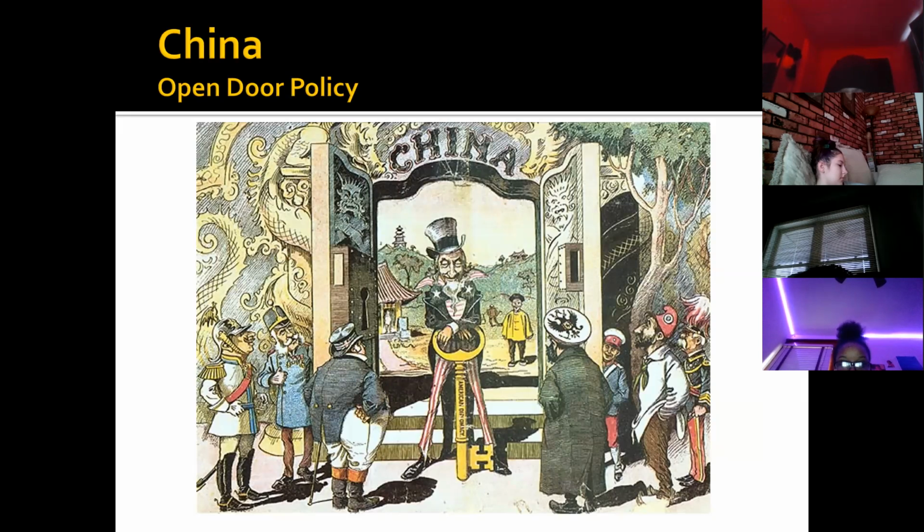And because of the strategic placement of the Philippines, the United States had a physically close relationship with China because of their control over the Philippines.